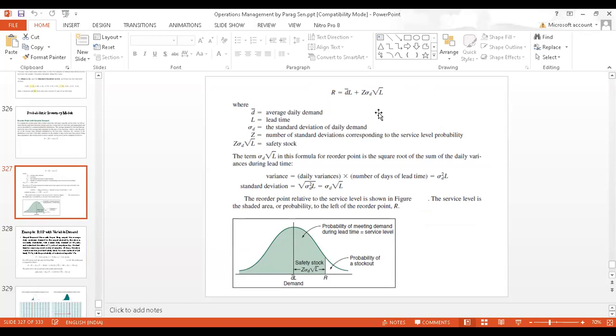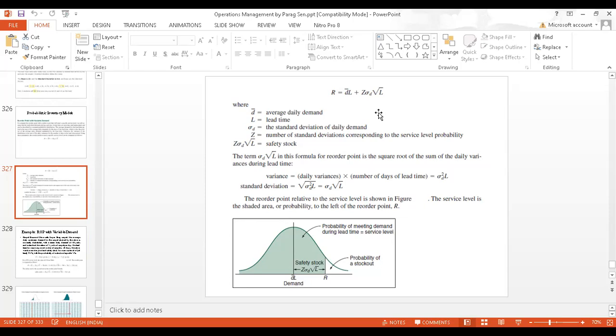I'm not saying that, but for the purpose of the safety stock, in terms of the variance for the entire duration, that will be the case of variance. That means how to calculate it.